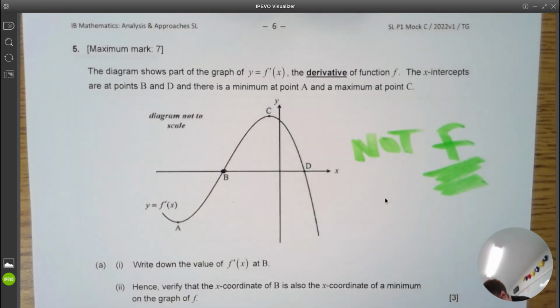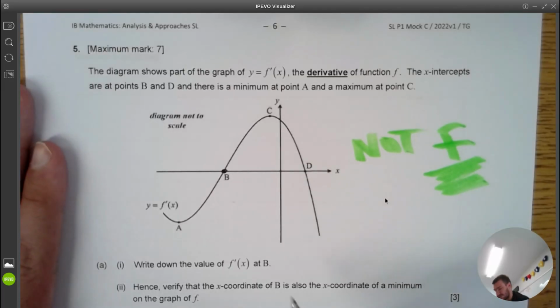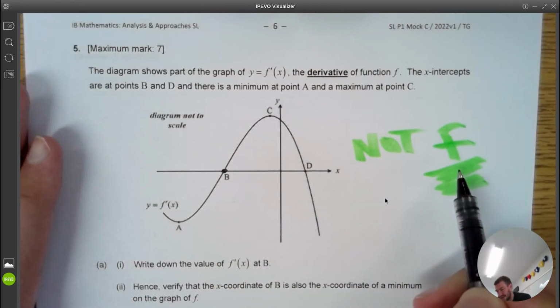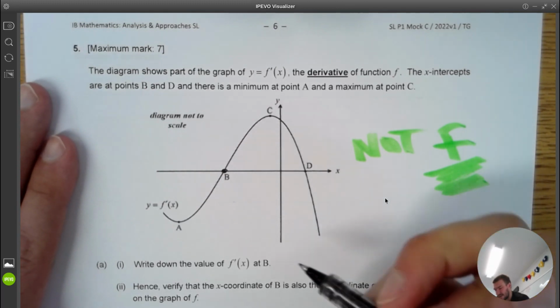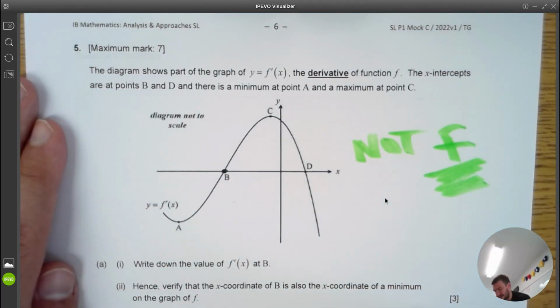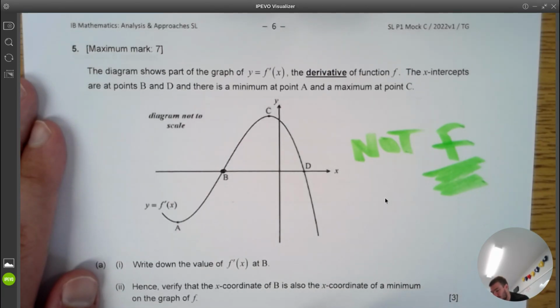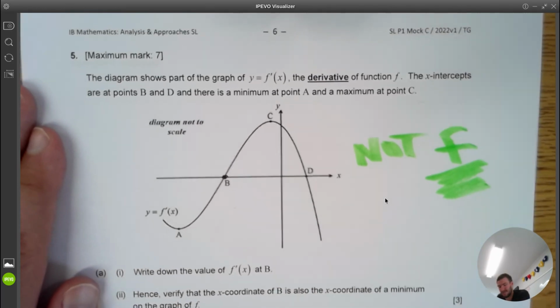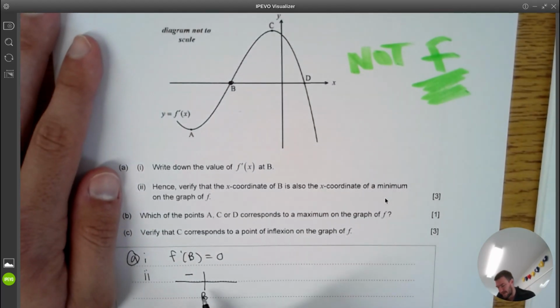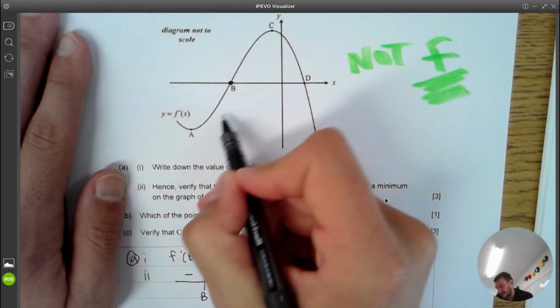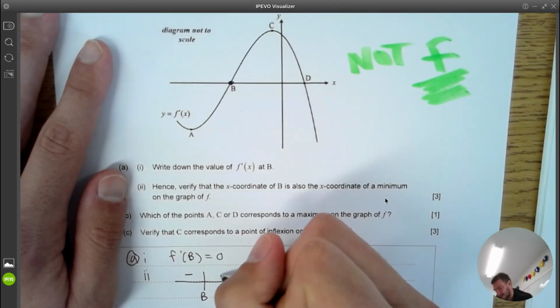Part 2. Verify that the x-coordinate of b is also the x-coordinate of the minimum of the graph of f. So remember, it doesn't look like a minimum, but that's because we're not looking at f, we're looking at the first derivative. How can we verify that it is a minimum? I can maybe do a little chart like this and say b, and before b, the graph is negative, because it's down below the x-axis, and after b it is positive.